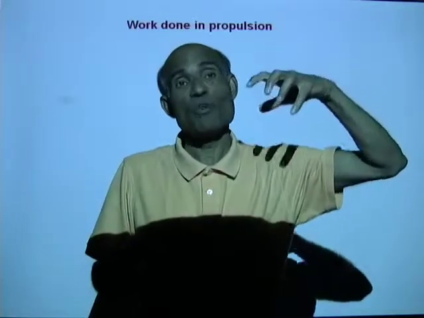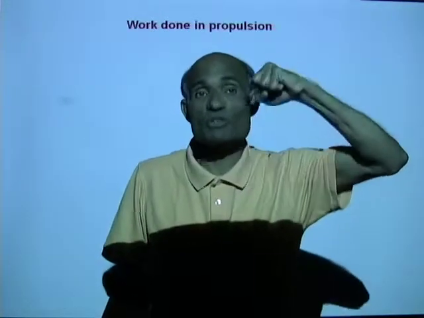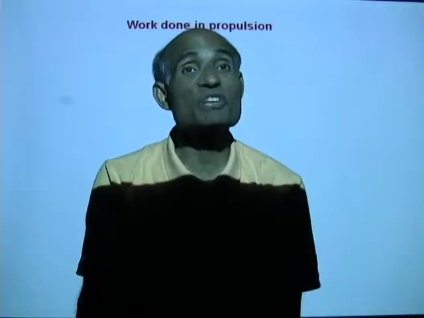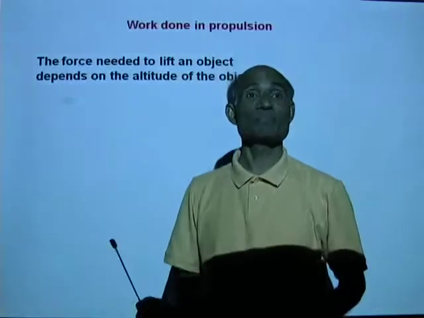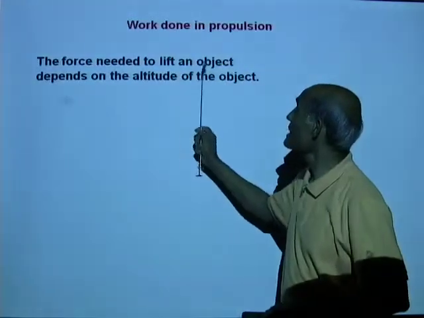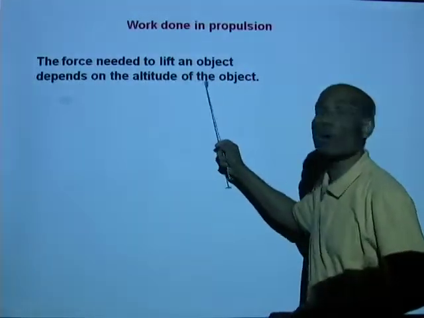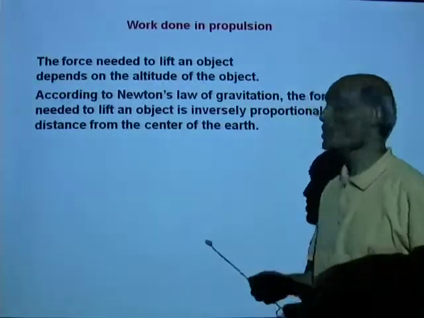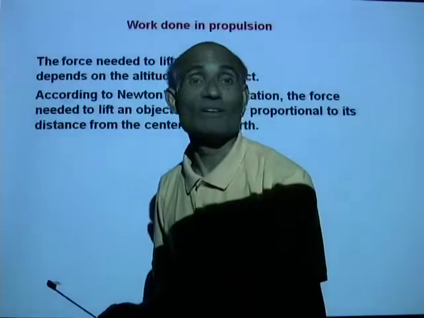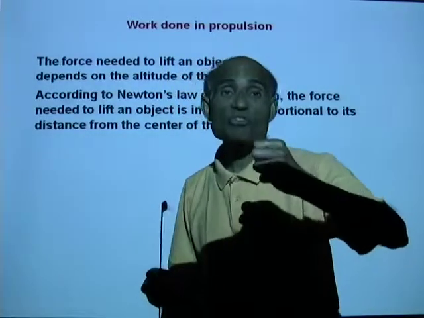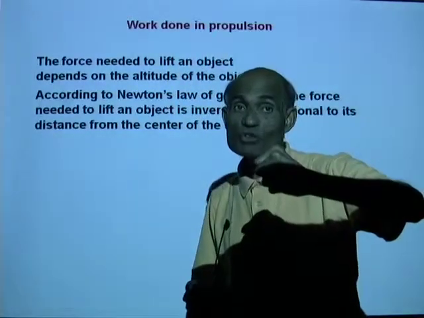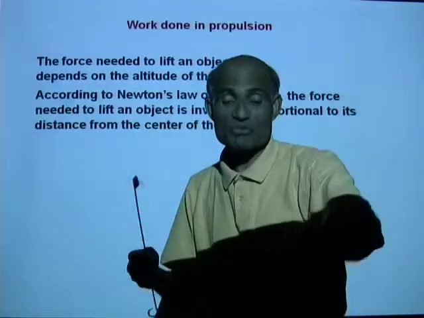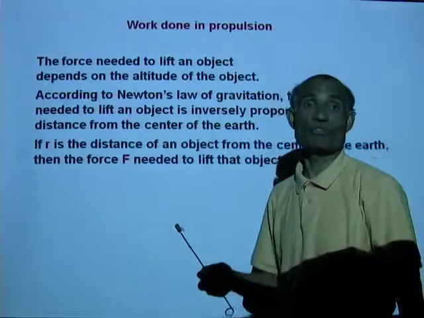And so, if you want to find the work done in propulsion, you must have an idea how the force decreases with distance. The force needed to lift an object depends on the altitude of the object. And according to Newton's law of gravitation, the force decreases inversely as the square of the distance.